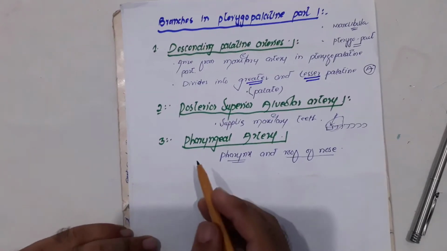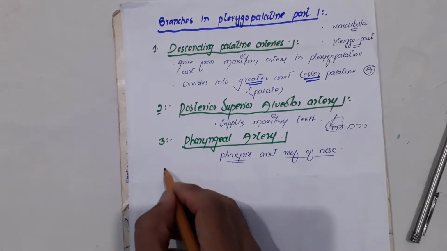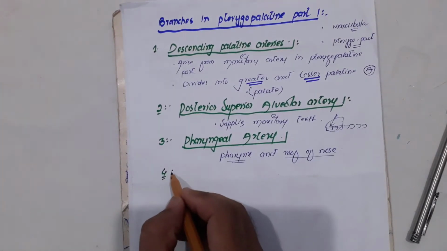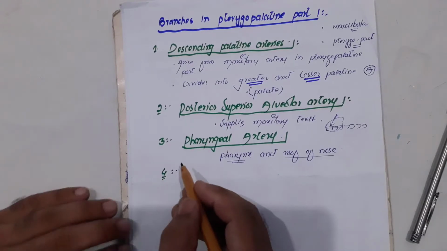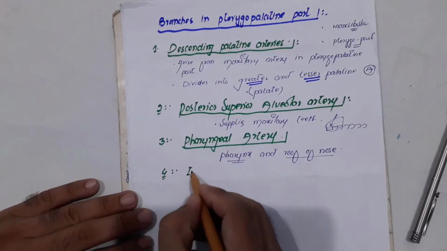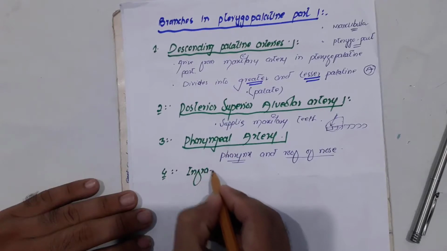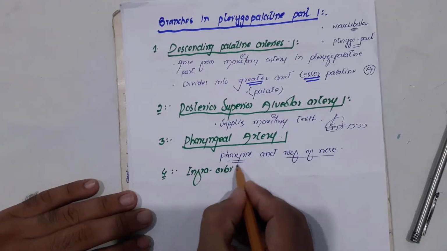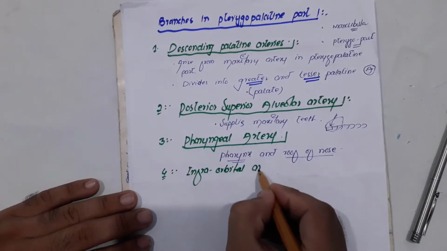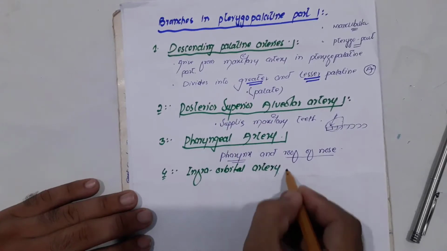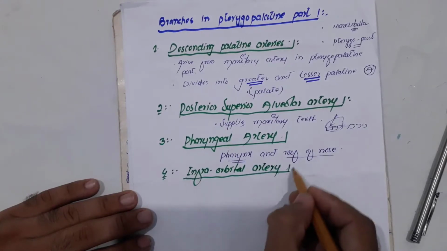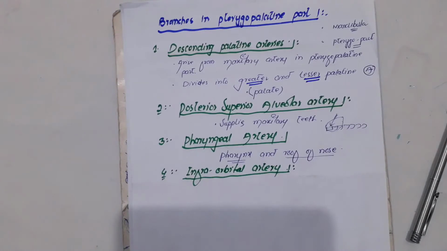The fourth artery which arises from the maxillary artery in the pterygopalatine part, that is the infraorbital artery, right? Infraorbital artery is another branch of the maxillary artery in the pterygopalatine part.